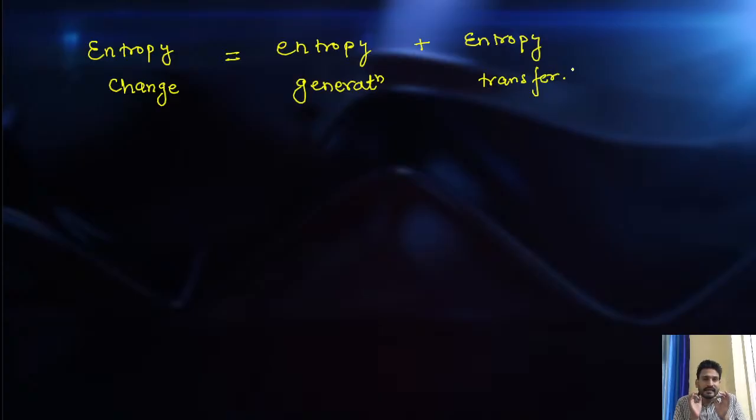It is quite difficult to calculate the absolute value of entropy, because it is difficult to calculate the randomness of the molecules. Entropy is related to randomness, so it is very difficult to calculate its absolute value.